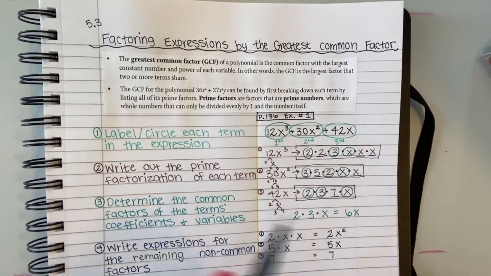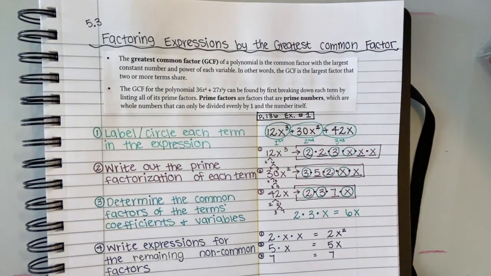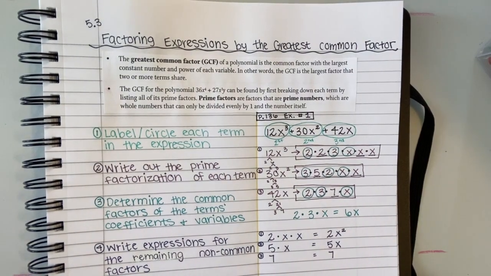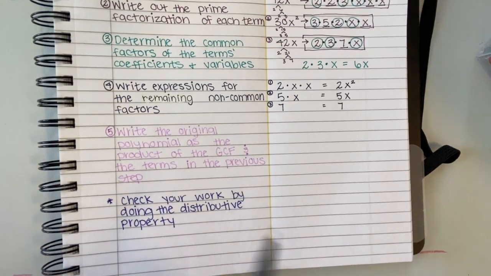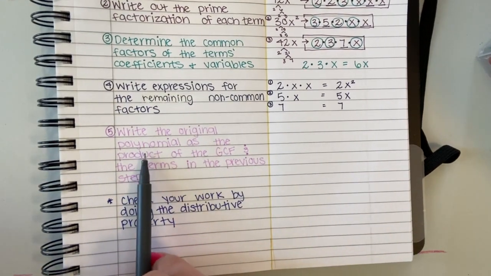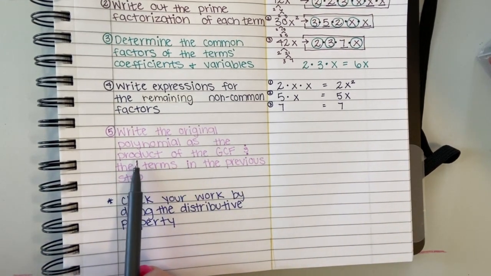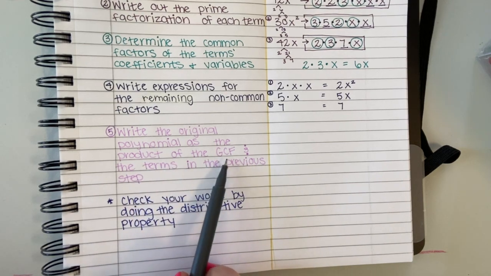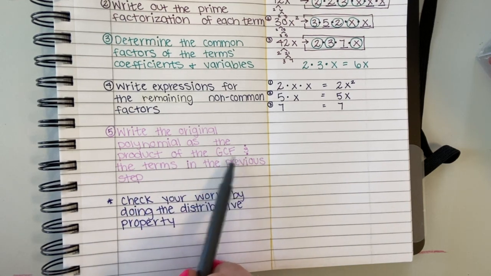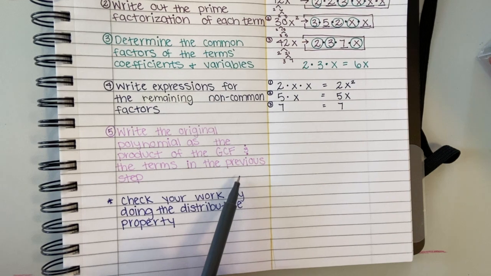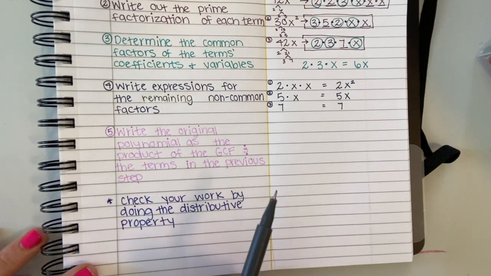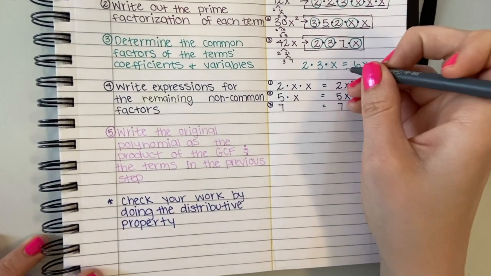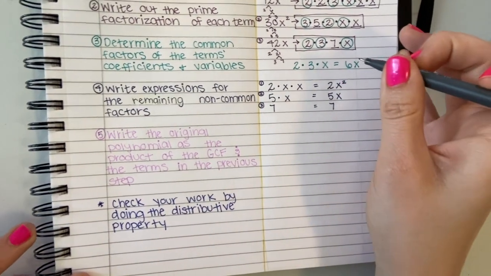The way we are going to write our final answer is we're going to write the original polynomial as the product of the greatest common factor and the terms from the previous step. Product is multiplication, so I am finding the product.